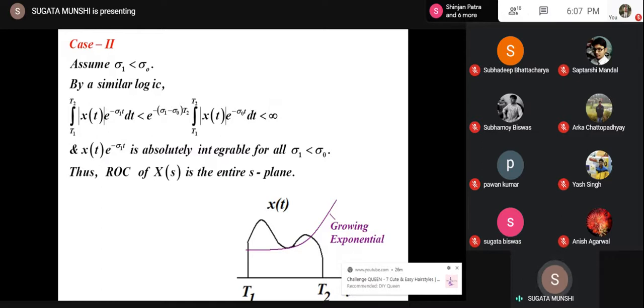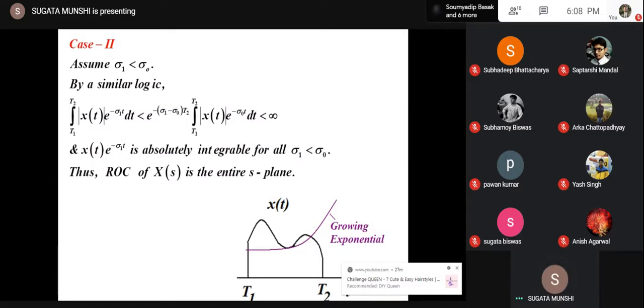By similar logic, you will find that the maximum value in this case is e to the power minus (sigma 1 minus sigma 0) into capital T2, because this is a growing exponential and its value will be maximum at the other end, the larger value between T1 and T2. So if you replace small t with capital T2, that is the maximum possible value of e to the power minus (sigma 1 minus sigma 0) t. That integral is finite. So the left hand side will be finite.